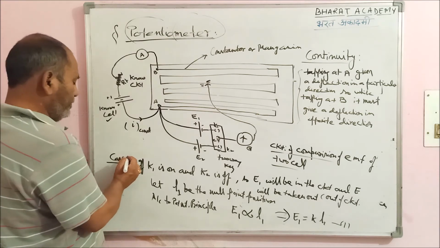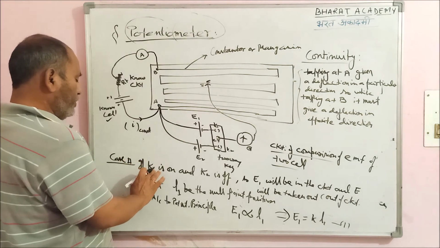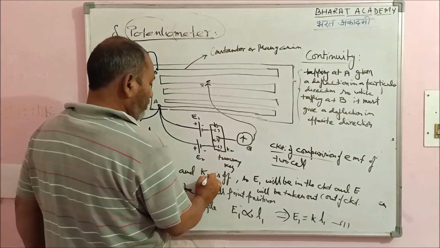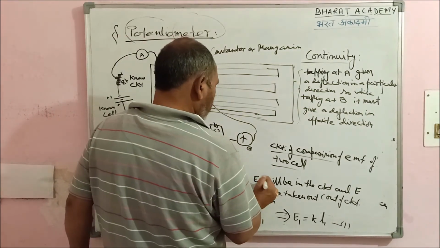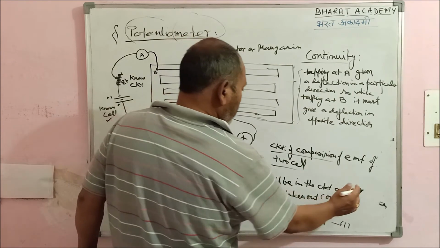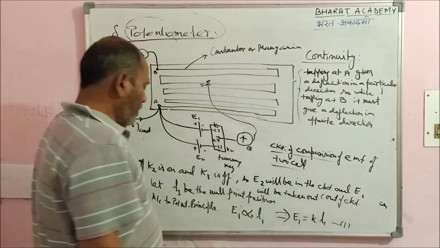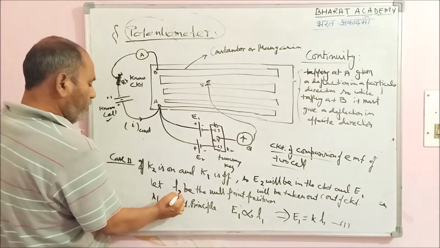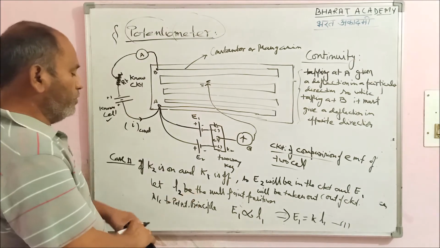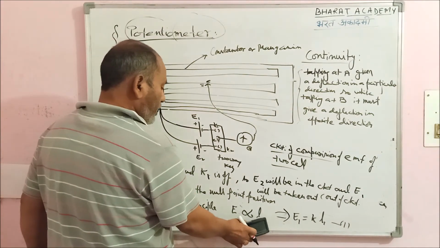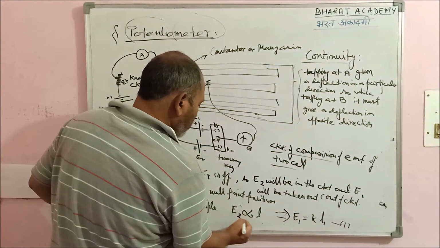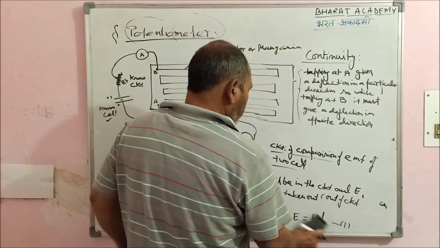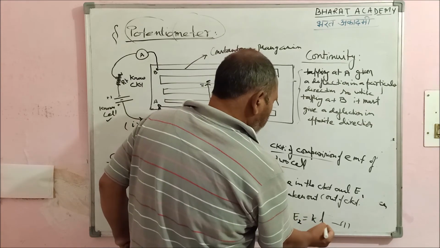Now case 2. K2 is on and K1 is off. So what will happen? E2 will be in the circuit and E1 will be out of circuit. Let L2 be the position of null point. Then, same according to the principle of potentiometer, E2 will become directly proportional to L2, and you will get E2 equal to KL2.